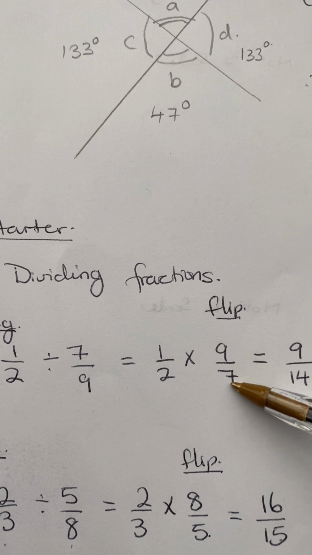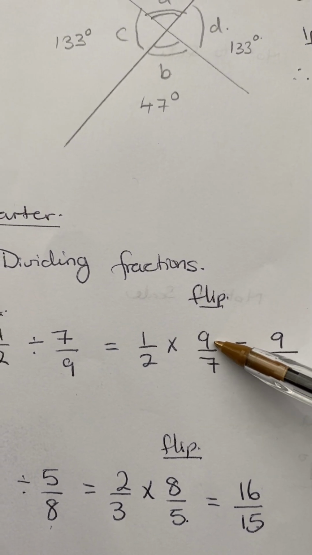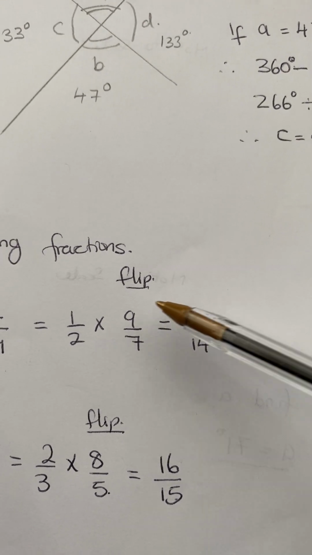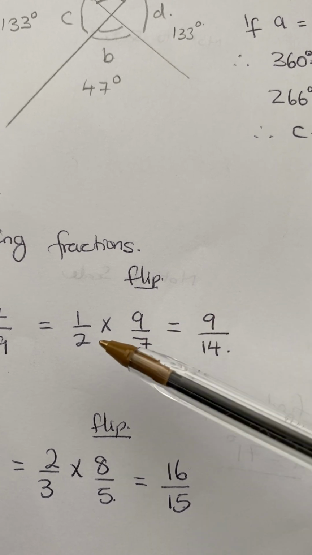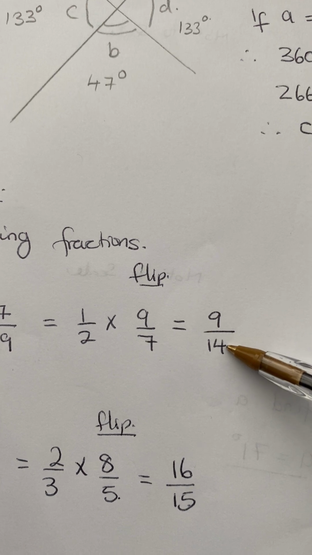We've done a video on that. So now we can multiply the numerator and multiply the denominator. So we have 1 times 9 is 9, 2 times 7 is 14.